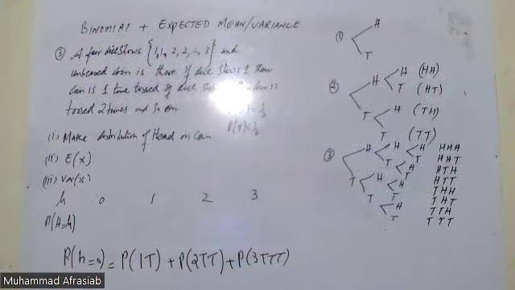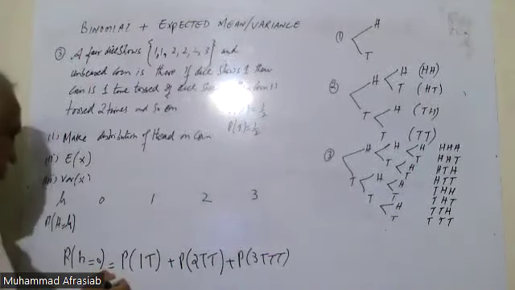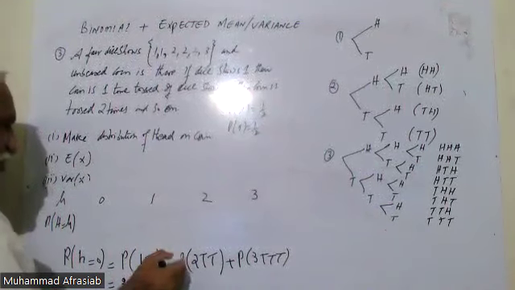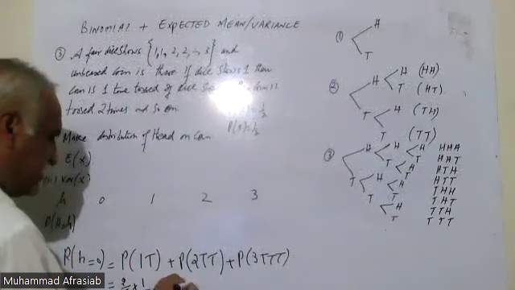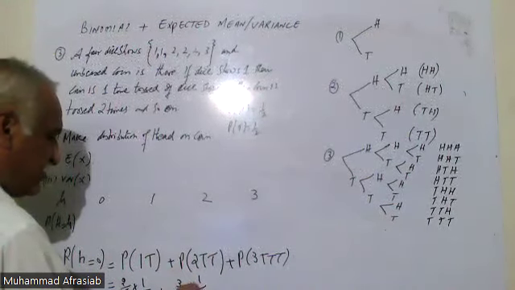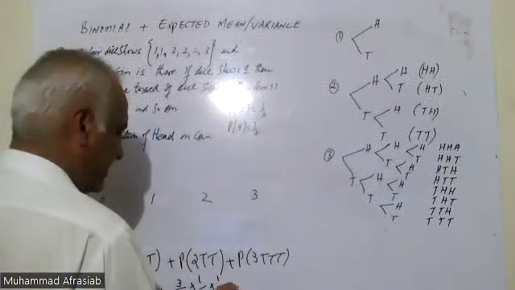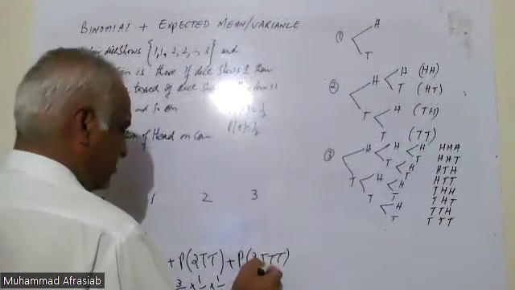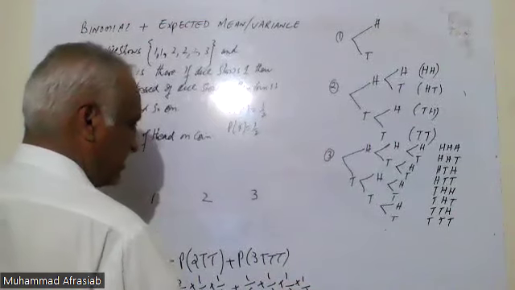Probability of 1 is 2 by 6, into probability of a tail, 1 by 2, plus probability of 2, that is 3 by 6, into tail probability 1 by 2 into tail probability 1 by 2. Then the probability of 3 is 1 by 6, into 1 by 2, into 1 by 2, into 1 by 2.